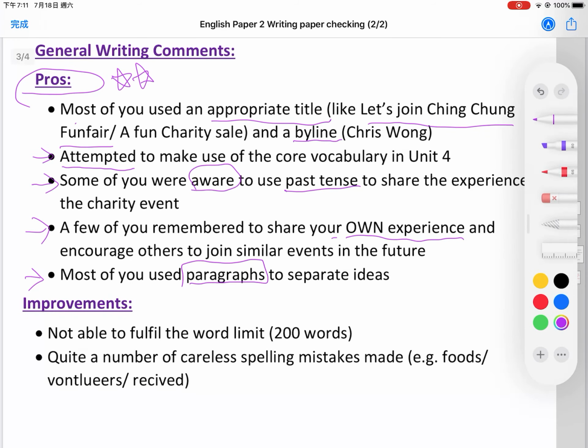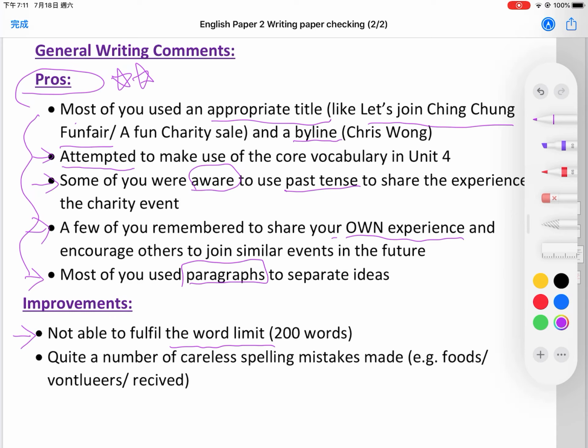Now let's go to some of the areas that you need to improve. Now, to start with, I know that you tried very, very hard to do the above things, but still, not enough words.